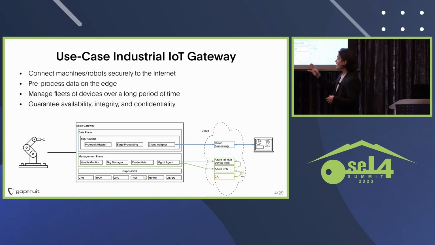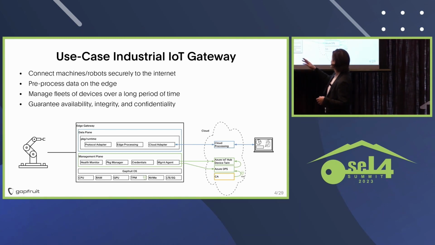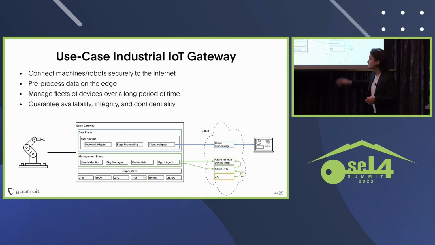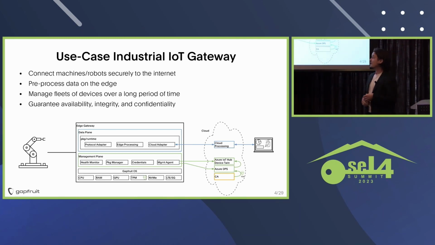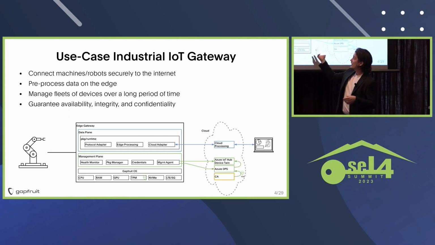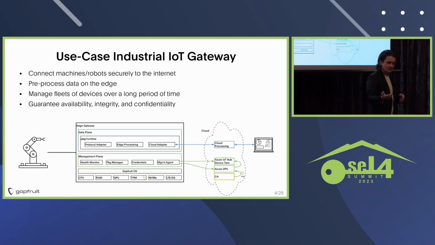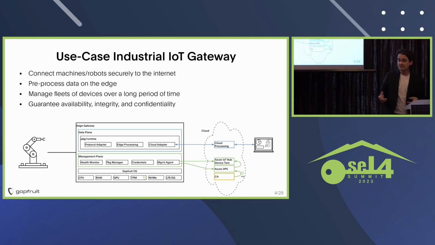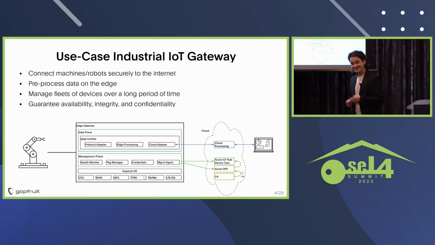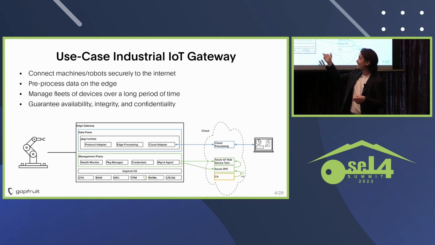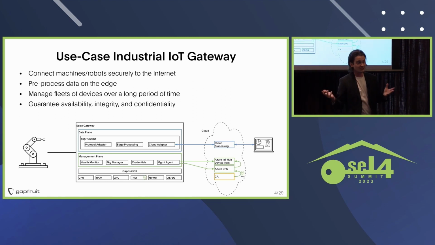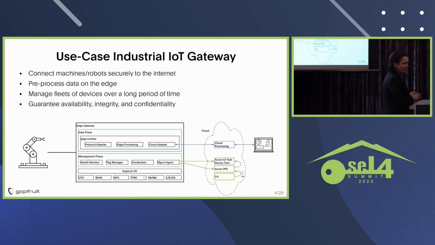So the gateway acts as a first line of defense towards the untrusted network. Then it also may pre-process data before it's being transferred to the cloud for latency reasons. And since we learned yesterday, these apps also may transform from one protocol to another.